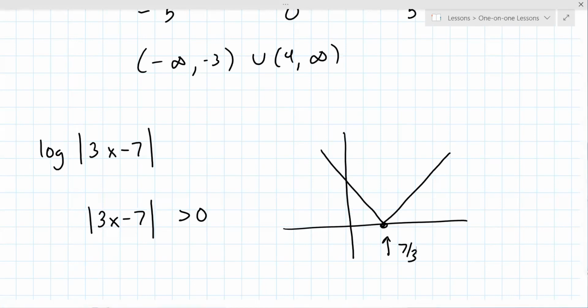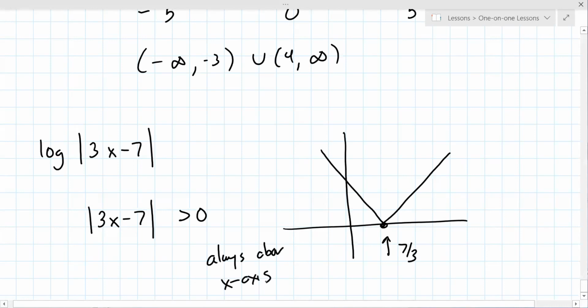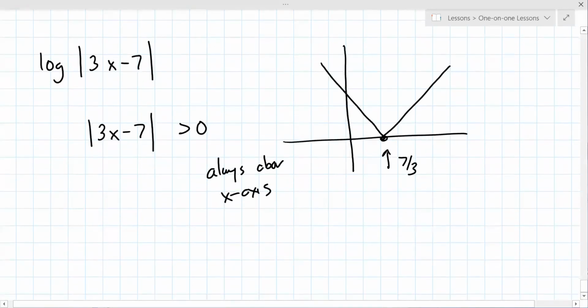If any of that's unclear, I can certainly cover it, but that's what happens. Now, it's always above the x-axis, except at 7/3. So we have to express that it's everything except 7/3, because for every other number it's above the x-axis.